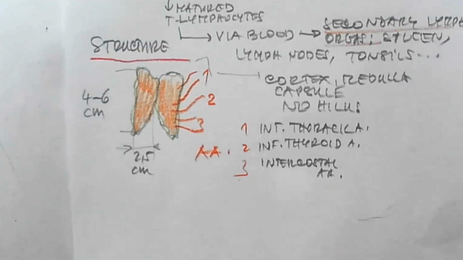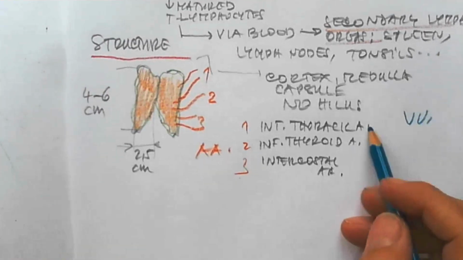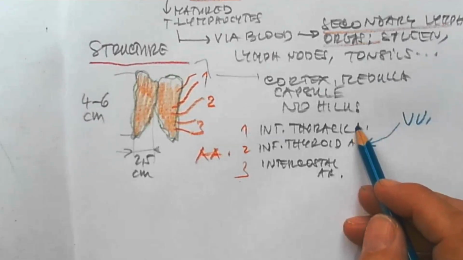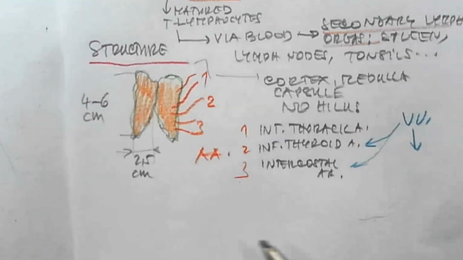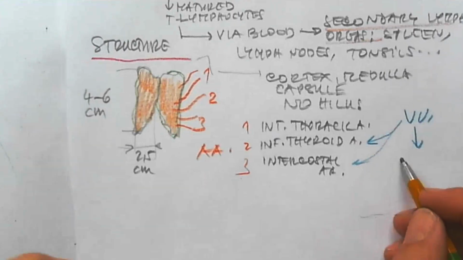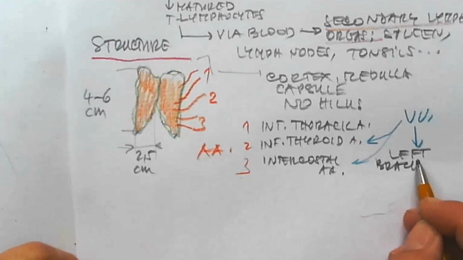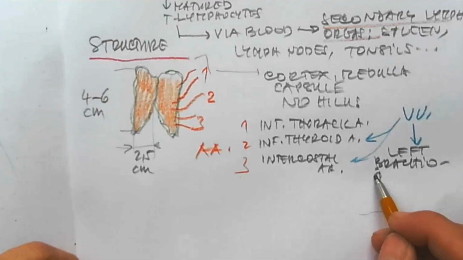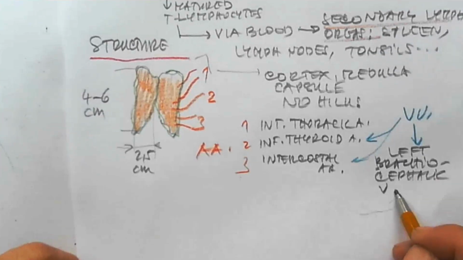Concerning the veins, easy, because veins on the other side, they open into the inferior thyroid mainly, not thoracic that much, but in the intercostal, and also into the preferably left, into the left brachiocephalic vein.